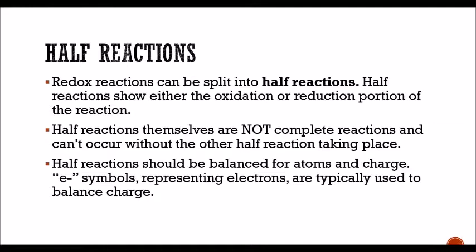And like all reactions, half reactions should be balanced for atoms and charge. That's probably a new thing to you, being balanced for charge. We use little e- symbols, which represent electrons, to balance charge. I'll show you a for instance here.